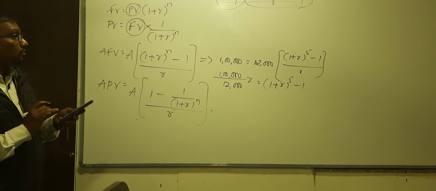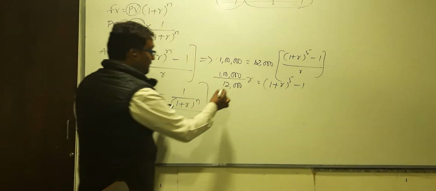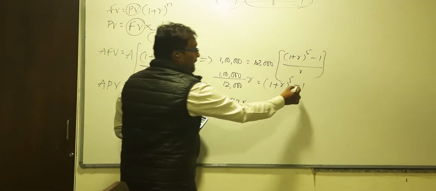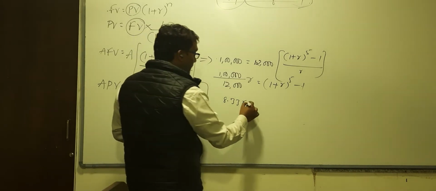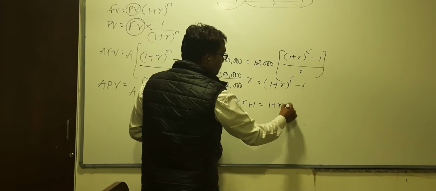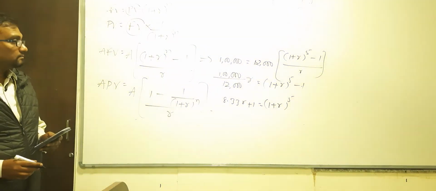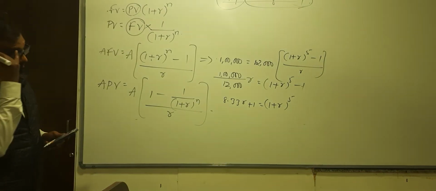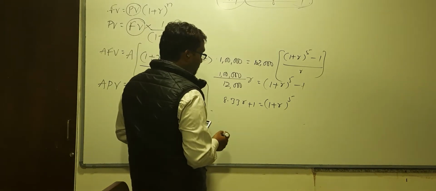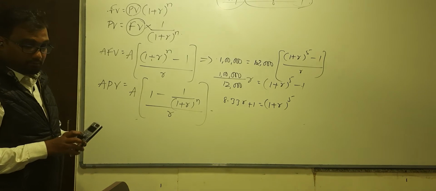Taking the 1 to this side, 8.33r plus 1 is equal to (1 + r) to the power 5.